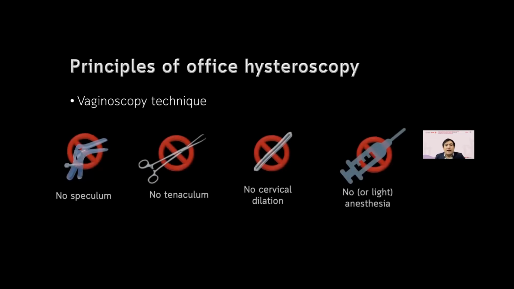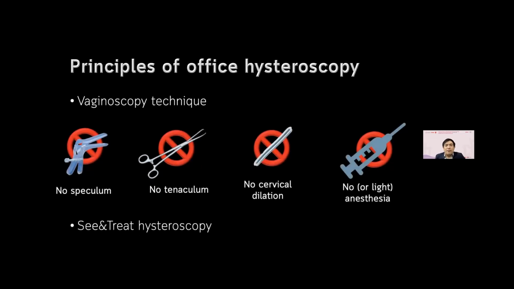As previous speakers also mentioned, we do office hysteroscopy with the vaginoscopy technique. So there is no speculum, no tenaculum, no cervical dilatation, and minimum anesthesia. And we see and treat the lesion with direct visualization.